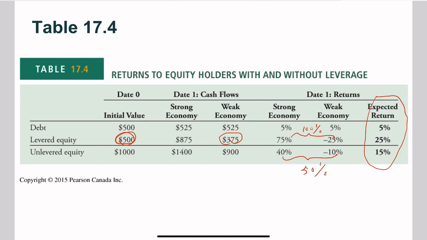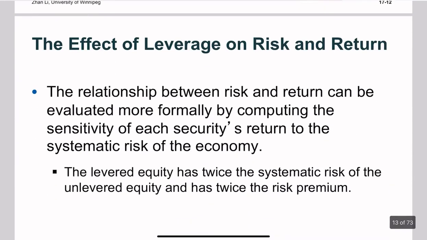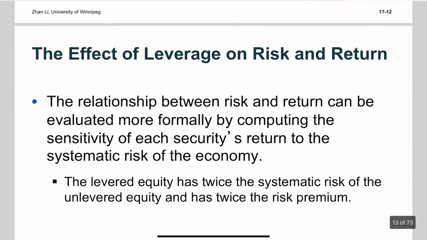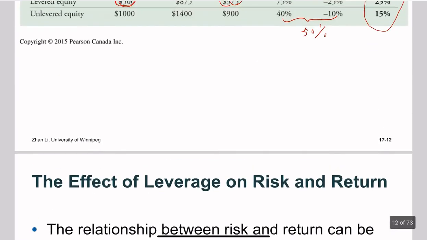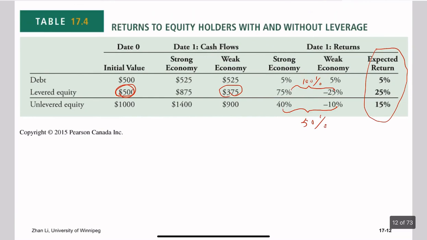So what kind of result can you get here? You can see that levered equity is actually riskier, right? How can you see this? Well, because the total variation in the return of the levered equity is 100%, but the total variation in the unlevered equity's return is only 50%.